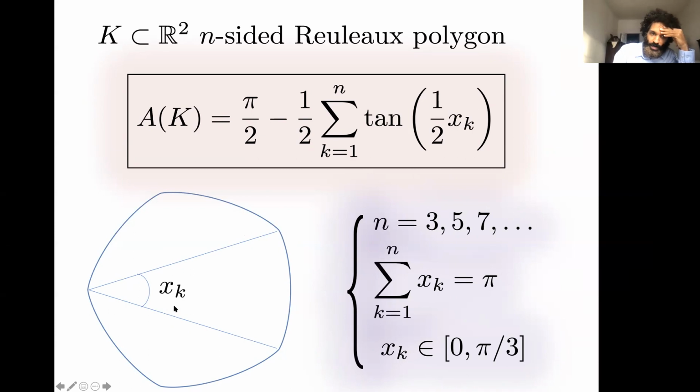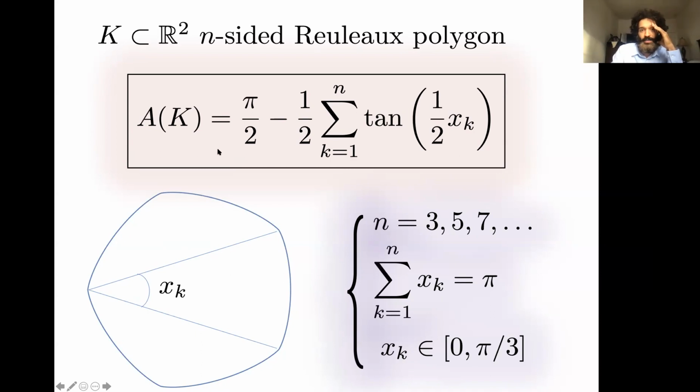So these interior angles sum to pi because of that fact. N is an odd number, and it's also known that these interior angles can't be more than pi over 3. In fact, if any one is equal to pi over 3, then the shape is necessarily the Rouleaux triangle, just a little factoid that's known in the literature.